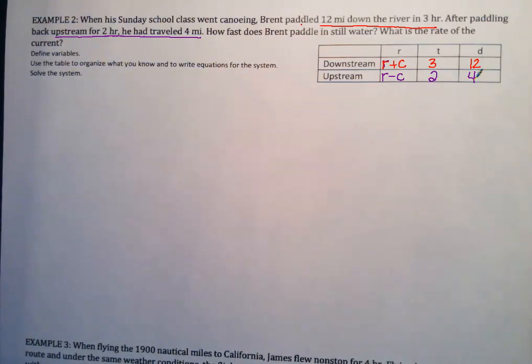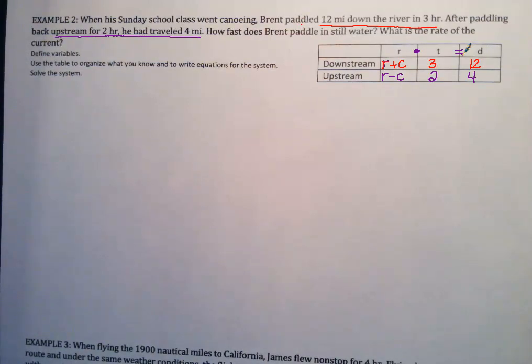Now, this one is a little bit different when it comes to writing our equation to solve the system, because we're supposed to do the rate times the time to equal our distance, and we don't have a relationship between our distances like before. So what equations are going to come out of this one? R plus C times 3 equals 12.